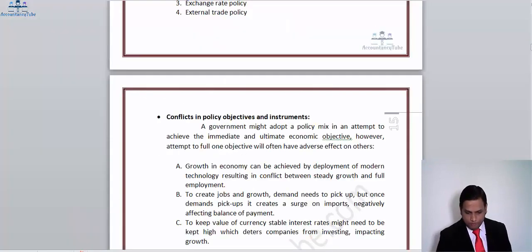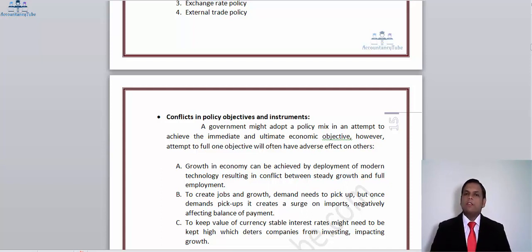Then we have another example, that is, to create jobs and growth, demand needs to pick up, but once the demand picks up, it creates a surge in imports, negatively affecting the balance of payments. As more jobs are produced in an economy, people will start to get rich and they will demand goods as their consumption starts to increase.